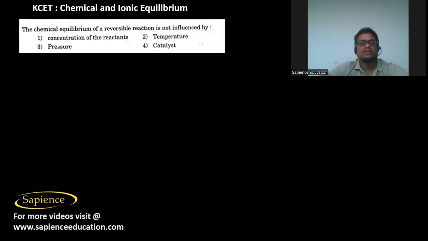Then here it is told, the chemical equilibrium of a reversible reaction is not influenced by concentration of the reactants, temperature, pressure, or catalyst. So the chemical equilibrium of a reversible reaction is not influenced by a catalyst.